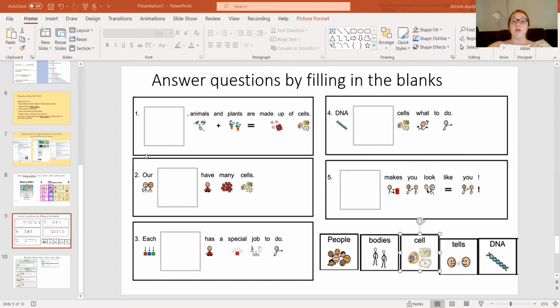So what I want you to do now is use the story that we read first and the COM board to answer these questions. After I've done explaining, I'm going to tell you to pause it. And when you're done, you're going to come back and press play and we'll go over the answers together, okay? So go ahead and read it. Either cut out your answers and glue them in or just number them and then come back. So go ahead and press pause now.